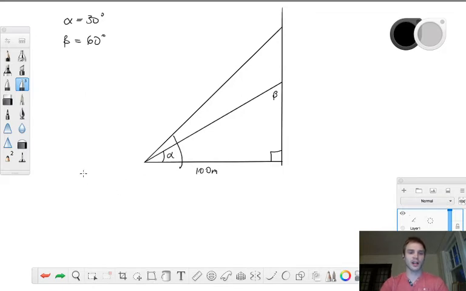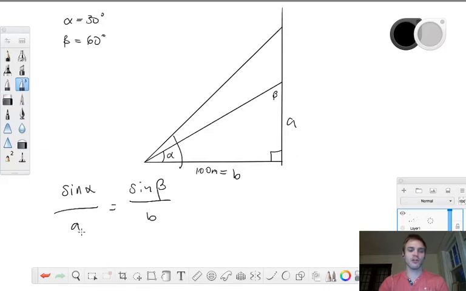And so since alpha is 30, and we can use the law of sines here, the law of sines says that the sine of alpha over, let's call this side A, is equal to the sine of beta over B.